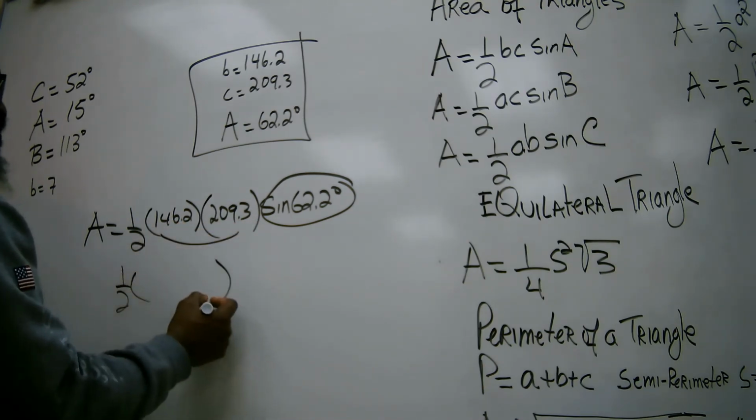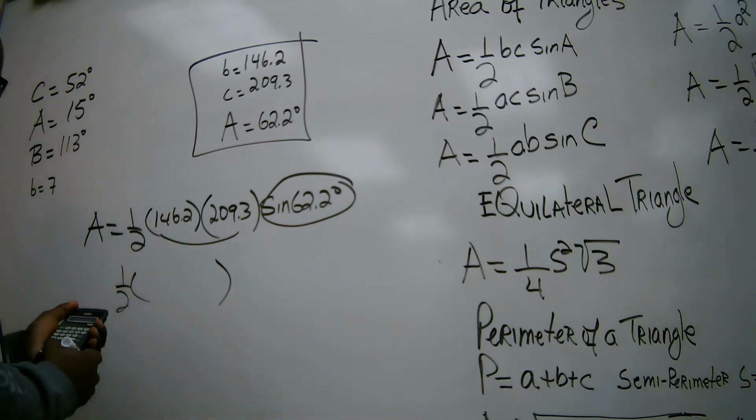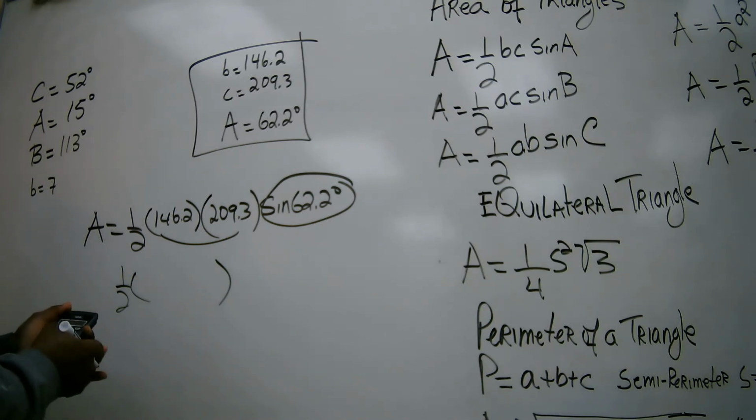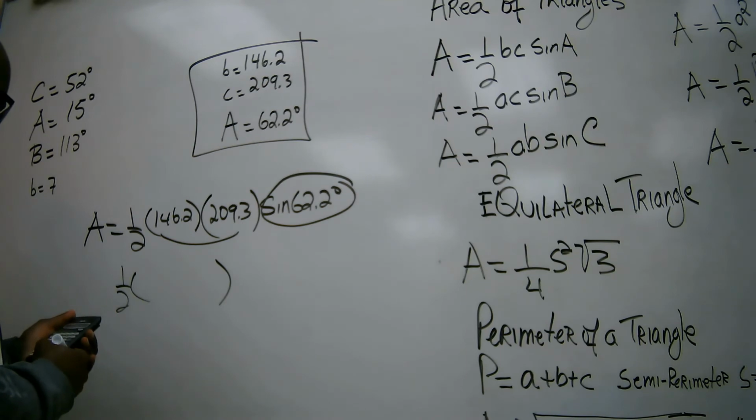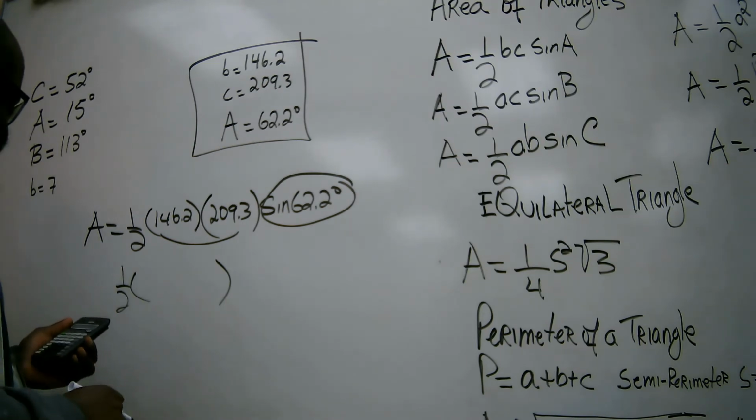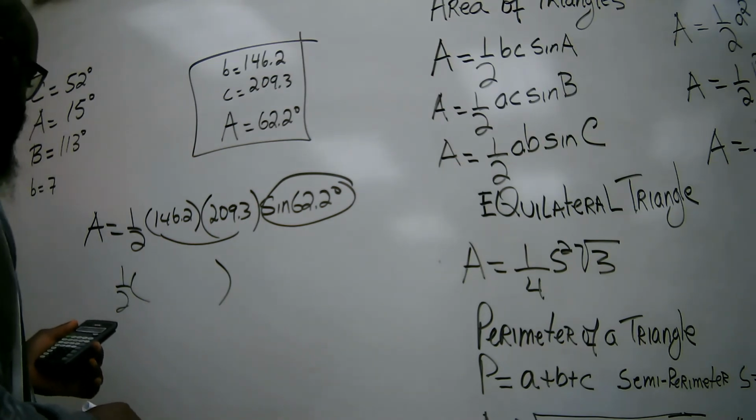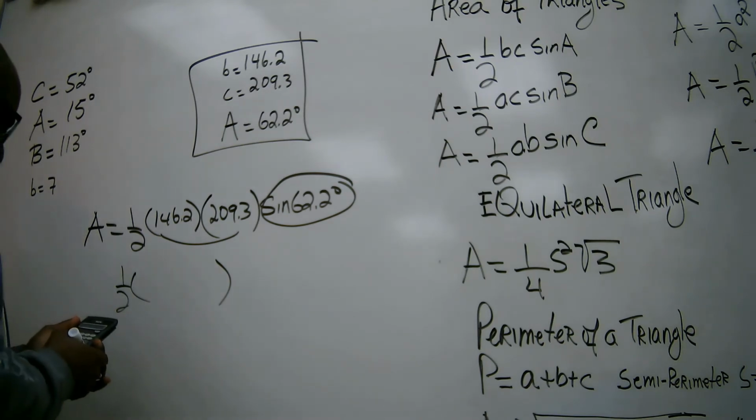So let's multiply 146.2 times 209.3. That gives me 30,599.66, and I'm going to take half of that.